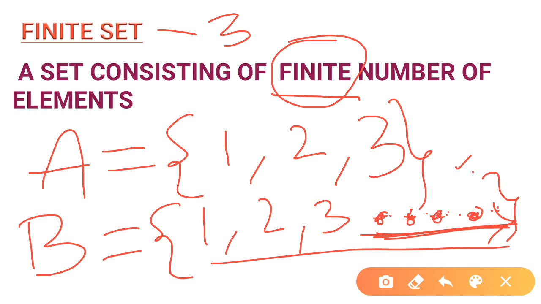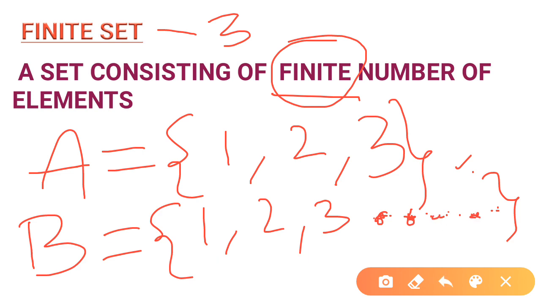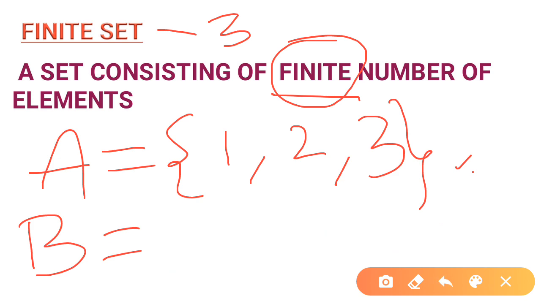So that's why it is an infinite set, not a finite set. A finite set has only a finite number of elements.